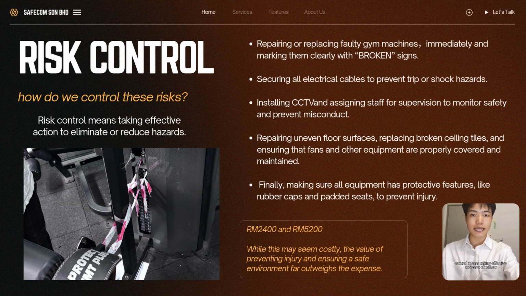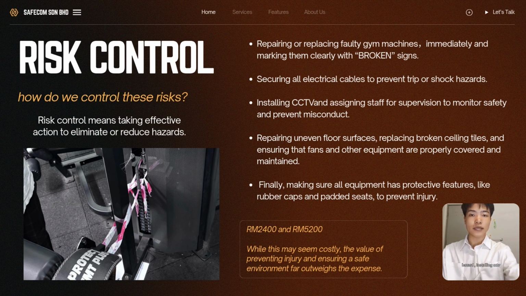Risk control means taking effective action to eliminate or reduce hazards. In our case, this includes repairing or replacing faulty gym machines immediately and cleaning up broken items. Secure all electrical cables to prevent trip or short circuit hazards.